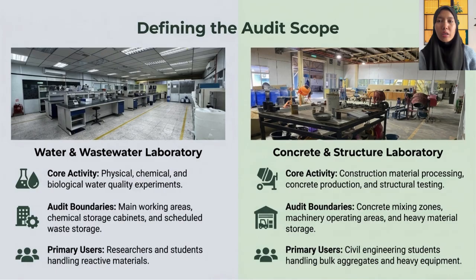Meanwhile, the Concrete and Structure Laboratory is used for construction material processing, concrete production and structure testing. The audit covered concrete mixing zones, machinery operating area and material storage area. The primary users of both laboratories are students, researchers and laboratory personnel.